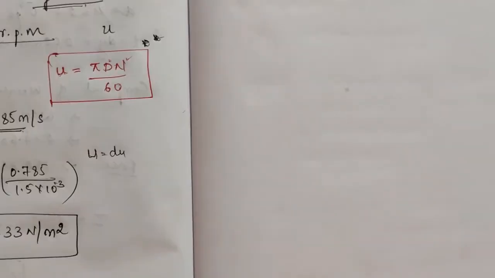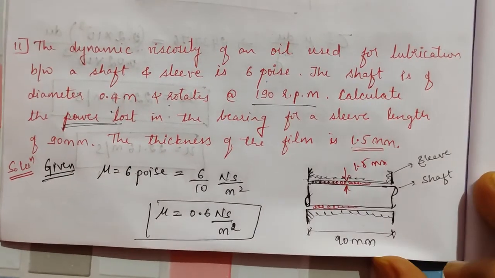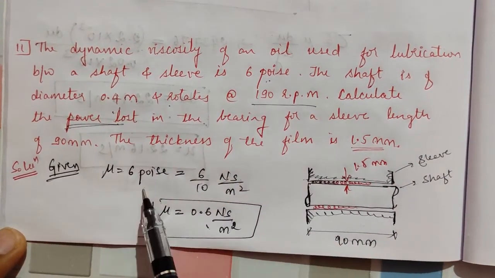So I'll take to the next page. You just note down the question, or take a screenshot and then note down. So I noted down the poise value.